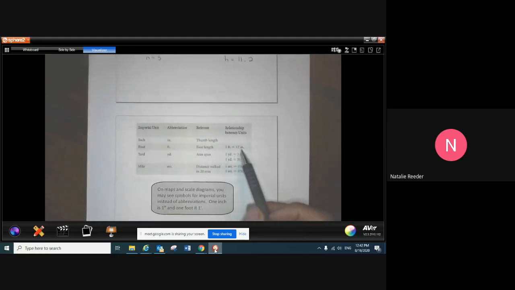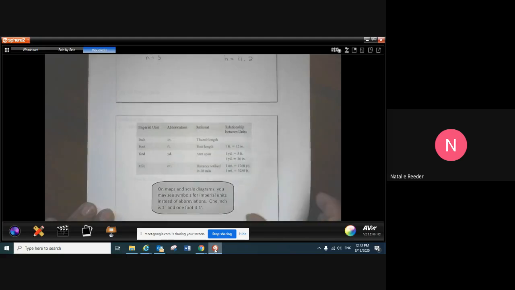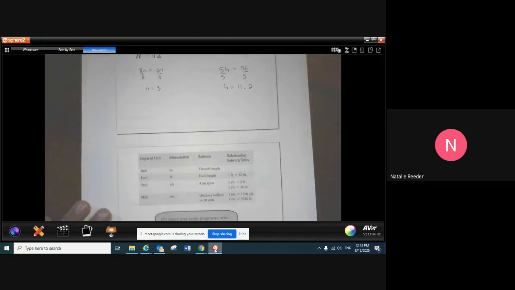So 1 foot is equal to 12 inches, 1 yard equals 3 feet, 1 yard equals 36 inches, 1 mile equals 1,760 yards, and 1 mile equals 5,280 feet. So those are the conversion factors that we're going to use to answer the next questions.